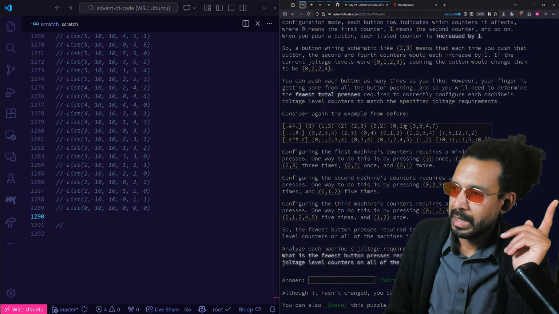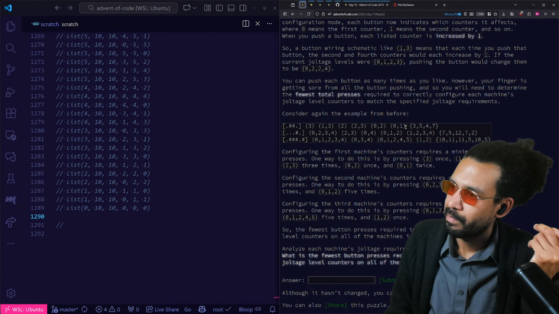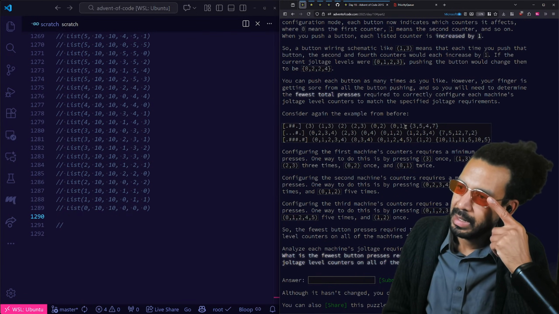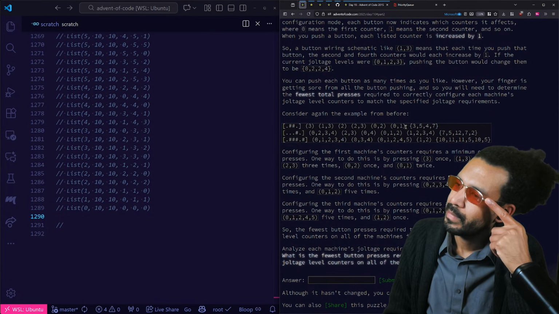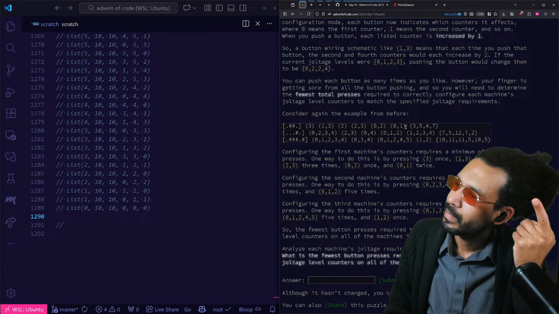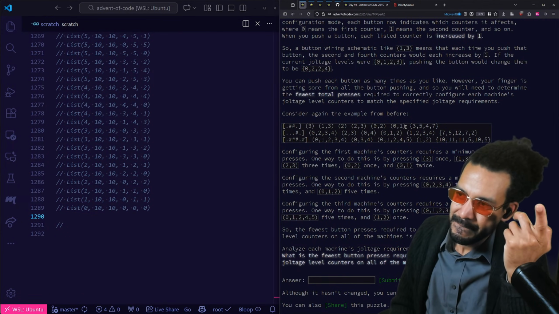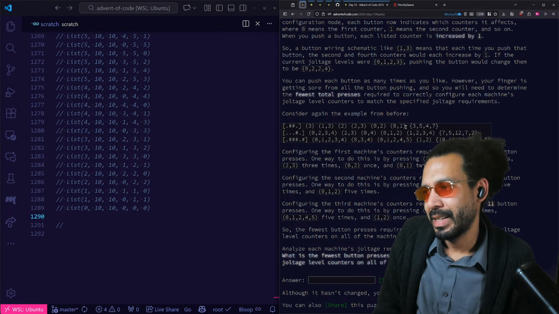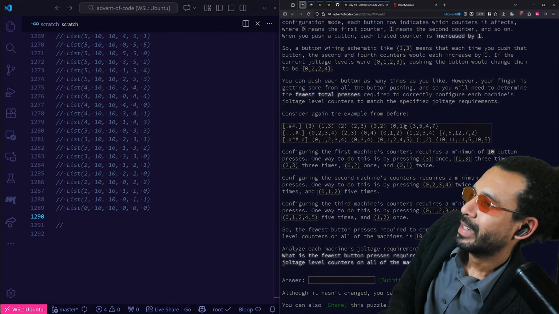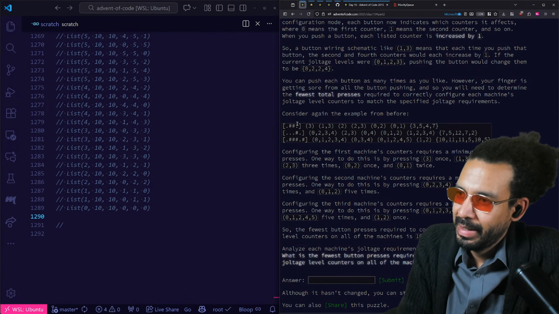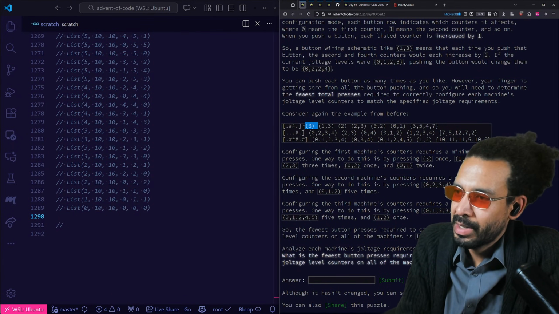So if you're gonna get 10 button presses, six choices for the first one. Okay, like this is kind of 6 to the 10th, except that again, the button presses are commutative.